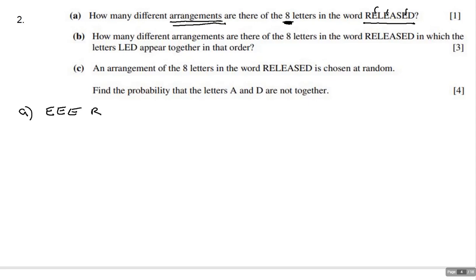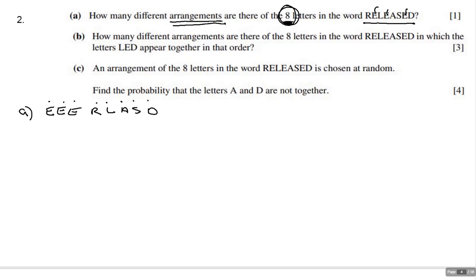So I've got R, L, A, S, and D. Now, how many letters should I have? 8. And count them. I got 1, 2, 3, 4, 5, 6, 7, 8. I'm feeling pretty good about the fact that I've got the right stuff.